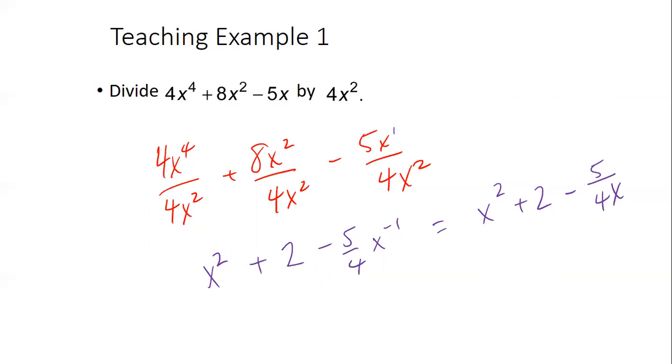The negative 1 just means that we have a power over the negative. It means it belongs in the denominator. This is your remainder because it's the one that did not simplify. So remember, if you have a negative power, it means that it belongs in the denominator. The 4 is just a number, 5 over 4.